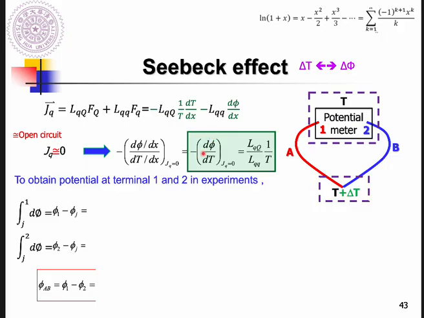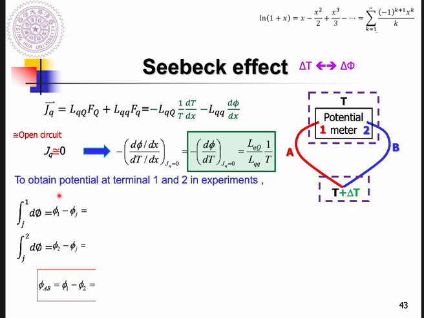We got the d phi over dT, at current density equals 0, equals negative L small q capital Q divided by L small q small q T. As long as you have this relationship between the electrical potential gradient and temperature gradient, you can take this back. How to do this?